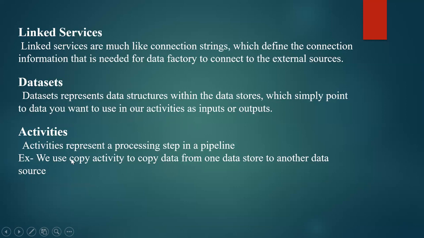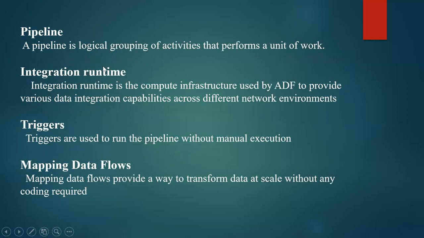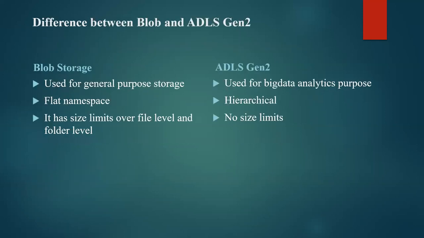Activities represent a processing step in a pipeline. Suppose you want to copy data from one place to another place, we will use a copy activity. And a pipeline is a large-scale grouping of activities that performs a unit of work. The remaining things, integration runtime, trigger, and mapping data flows, we'll discuss in the upcoming sessions in detail.